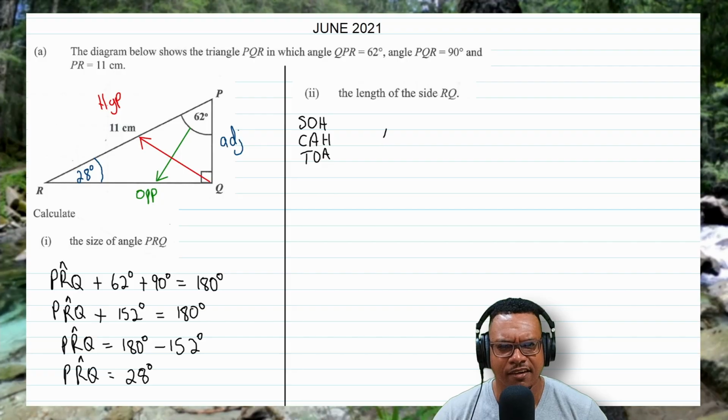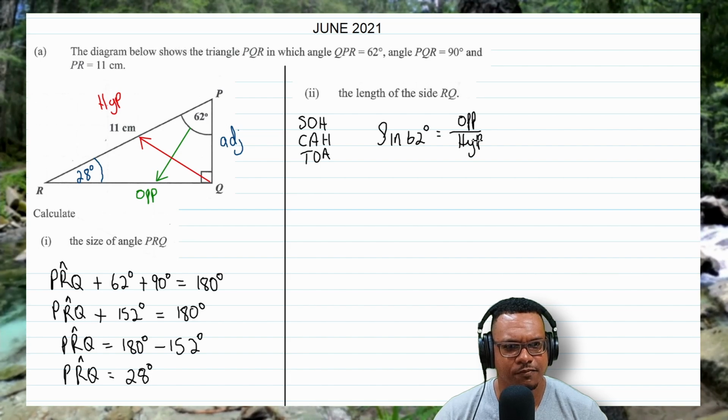So I'll write sine of my angle, which is 62 degrees, is equal to the opposite side over the hypotenuse. Alright, let's put in those variables. So sine of 62 degrees is equal to my opposite, which is RQ, over my hypotenuse, which is 11 centimeters. So now I want to cross multiply here.